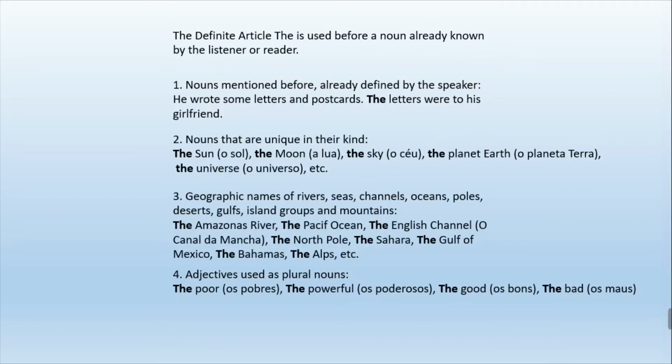First, the definite article. The definite article, the, is used before a noun already known by the listener or reader. What do you mean? The example I gave previously about the bird, right? When I first introduced the noun bird, you probably remember that I said, I saw a bird flying outside.